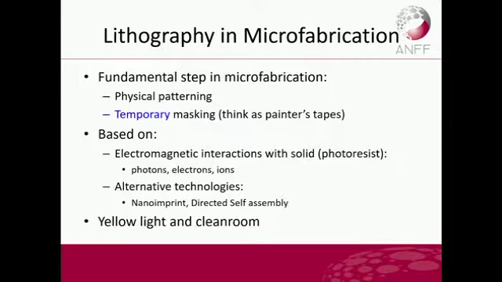Okay, so when we talk about microfabrication, most of the time we talk about what we do here, and this is pretty much making devices in the micron range using standard photolithography. As I mentioned before, lithography is probably the cornerstone, the foundation of microfabrication. It serves two purposes.